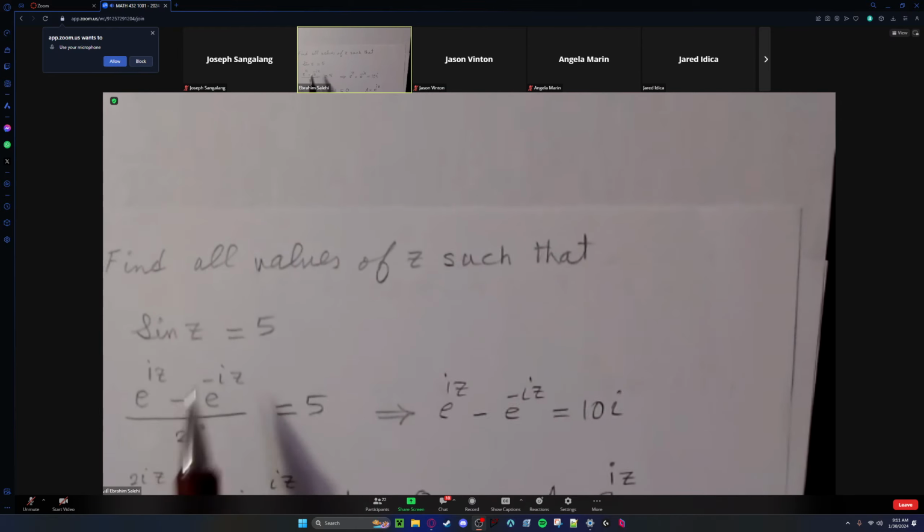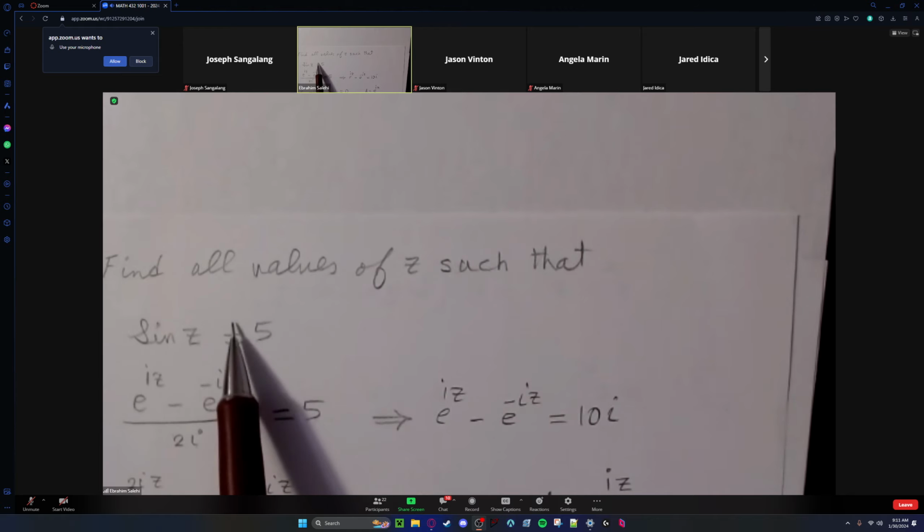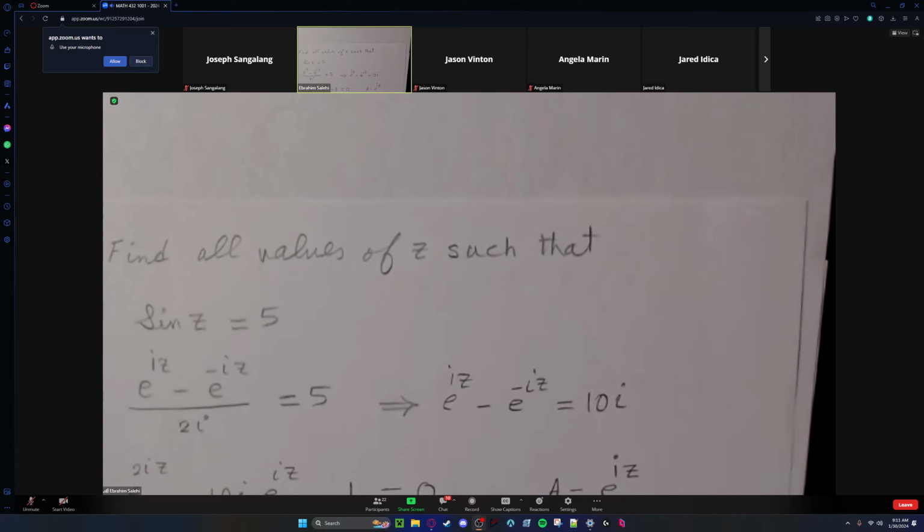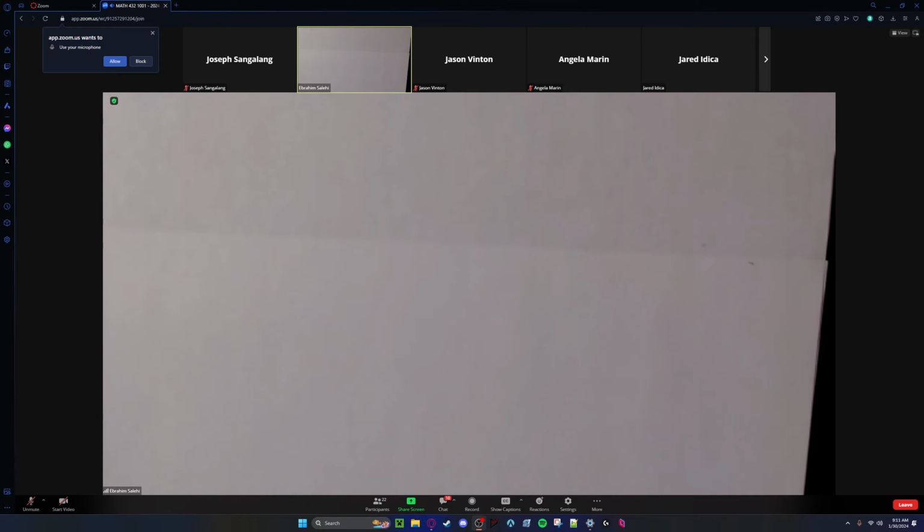Not only does sine z equal 5 make sense, put any number here, any number, and that makes sense. That's the message. The last thing I wanted to say about trig functions: both sine and cosine are unbounded in complex analysis. Okay, good. Any comment, any question?